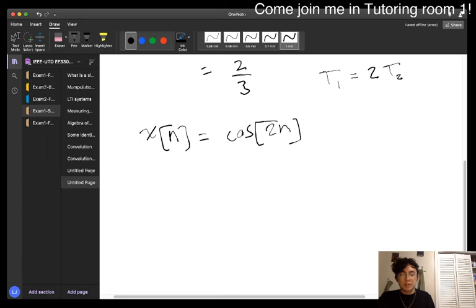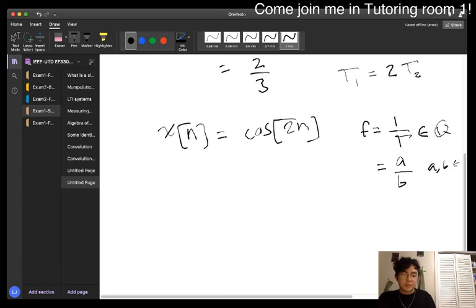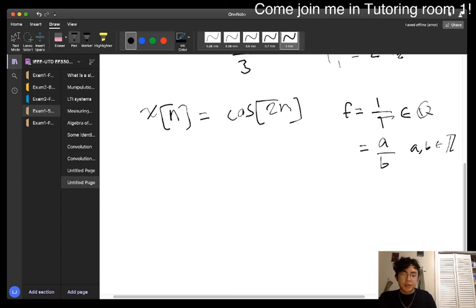That's because we need to be able to write our frequency, so let's define the frequency to be 1/T, as some rational number. So it's going to be a over b, where a and b are integers. You can see that this frequency is not going to be rational.